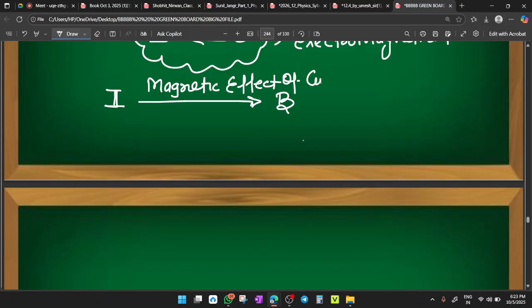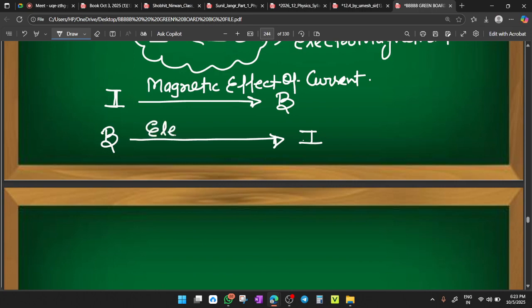So the whole phenomenon related to the production of a magnetic field comes under the topic magnetic effect of current. But when you have a magnetic field and you develop electric current, then all the theories and concepts related to this segment come under the topic electromagnetic induction.